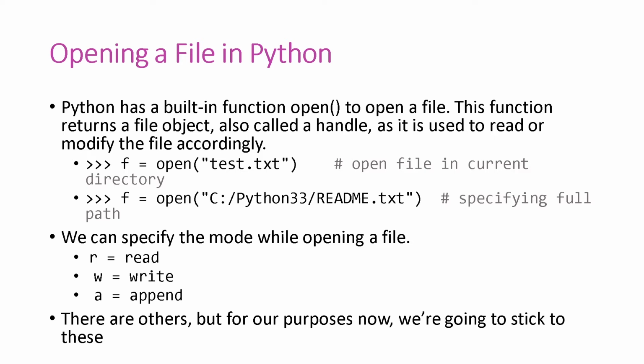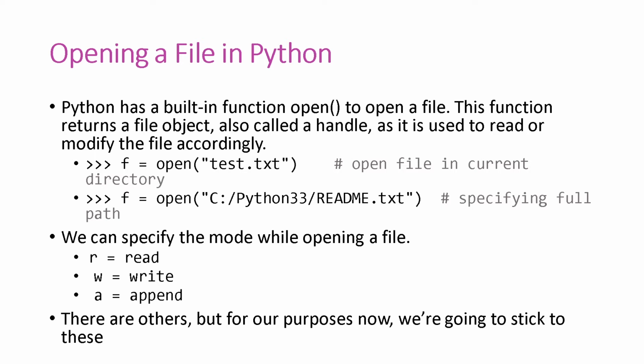And you see the basic syntax that I have for it right here. F equals open, and then in parentheses, we have the file name that's in the current directory. So we're using F as kind of our object name, so we can name it whatever we want here.